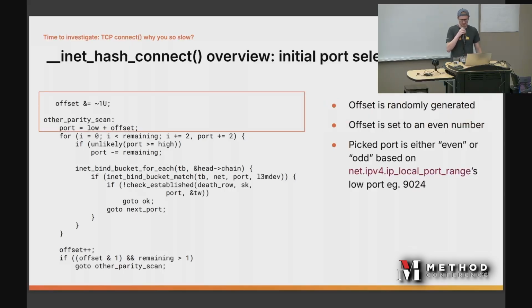To kick things off, my assumption was that with this hashing algorithm, as you may know, hashing can sometimes be prone to collisions. So one of the things we could investigate is: are we starting off at the same offset each and every single time?